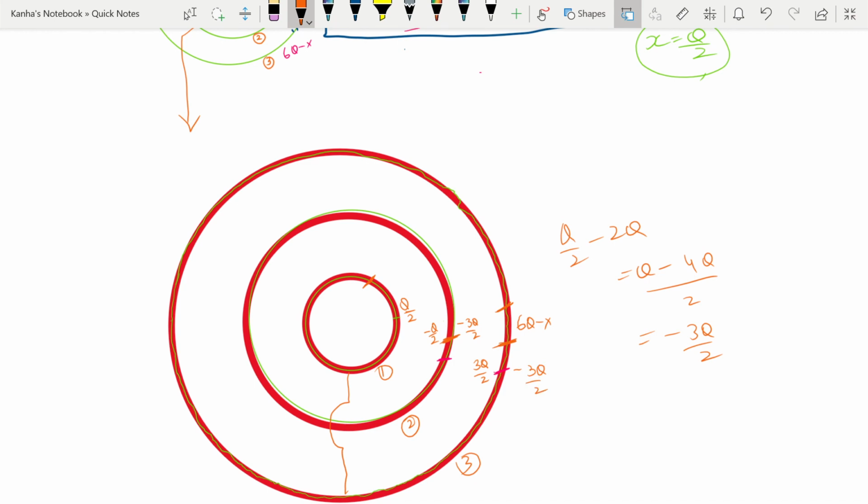Now the outside charge was already 6q minus q by 2, which was how much? 12q minus q by 2, which is equal to 11q by 2. So this outer charge was 11q by 2, and then you added a minus 3q by 2, so it's 11 minus 3, which is 8q by 2, equal to 4q.